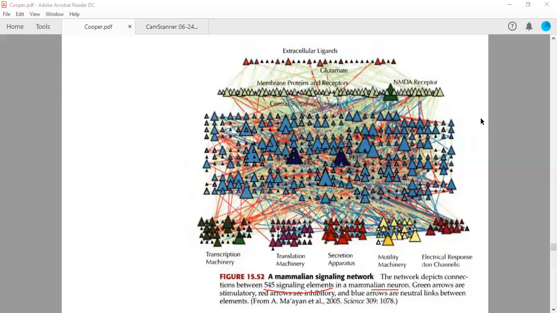All the pathways are happening together, crossing each other, inhibiting each other, stimulating each other, talking with each other. So this is all happening in our complex cells. The complexity of signaling in a single cell is very, very high, and there is a requirement of proper regulation so that everything can be maintained properly.